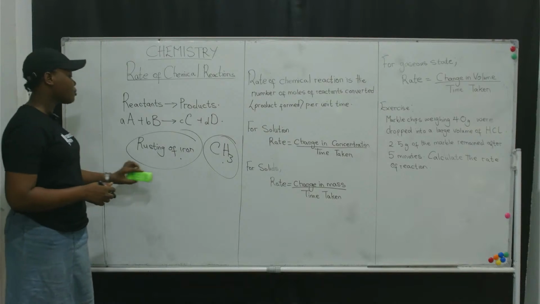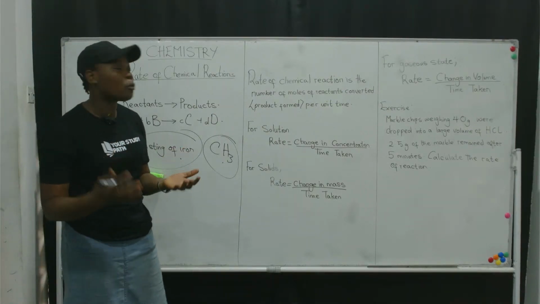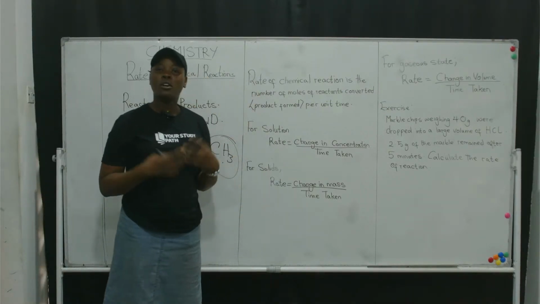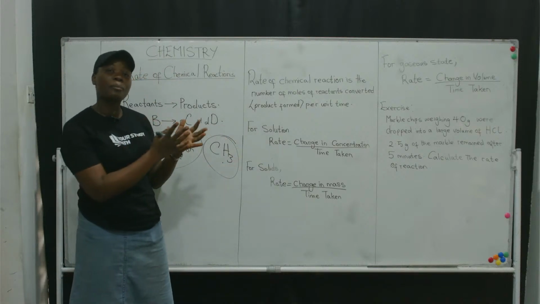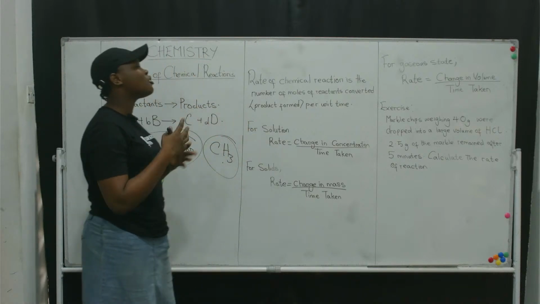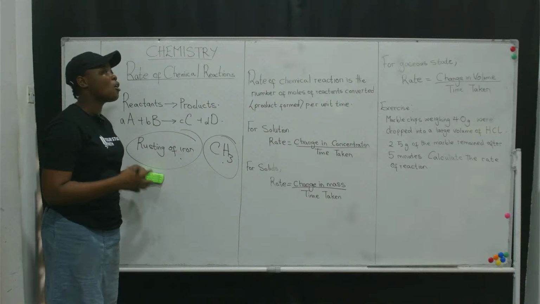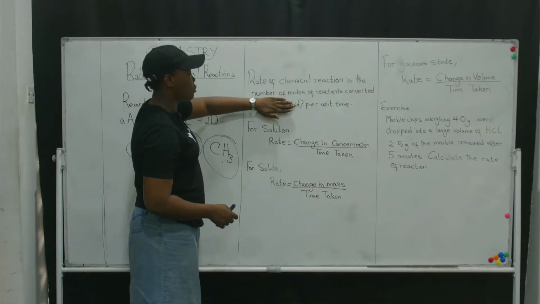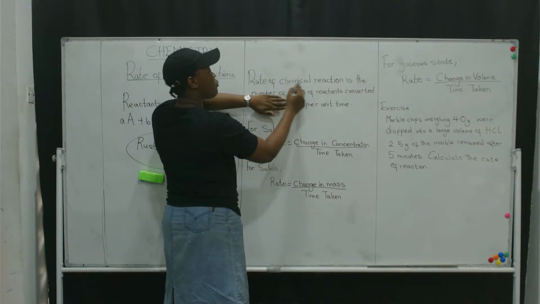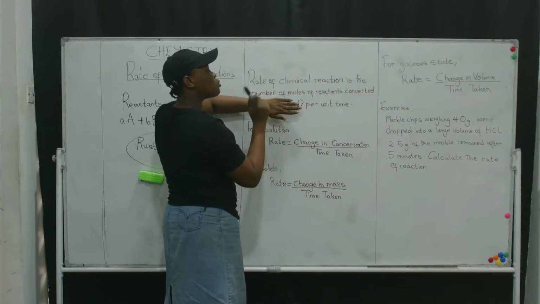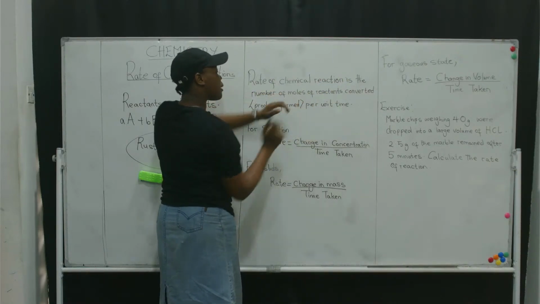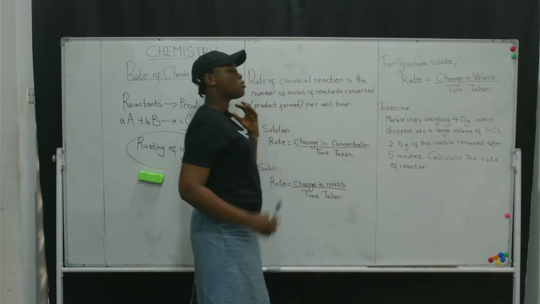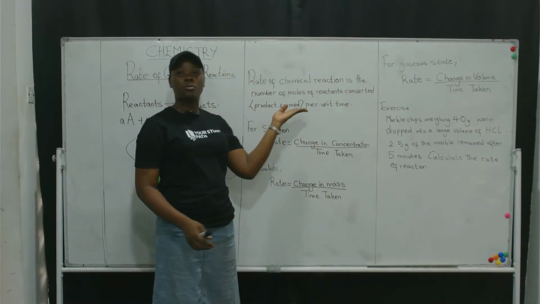And so, having said this, let's now define rate of chemical reaction. It is the number of moles of reactant converted per time. Moles converted is also the same as product formed, right?